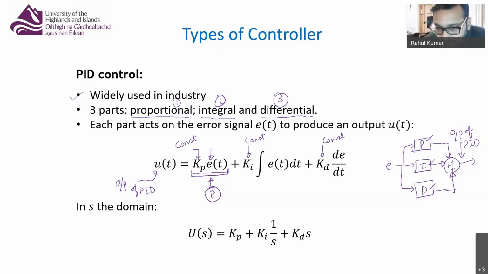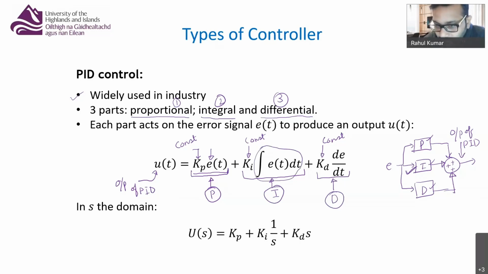Okay. The second term in the output of the PID is from the integral controller. Again, Ki is a constant, and you can see the output depends on the integration of the error signal. Similarly, the last term in this equation is the output of the differential controller.